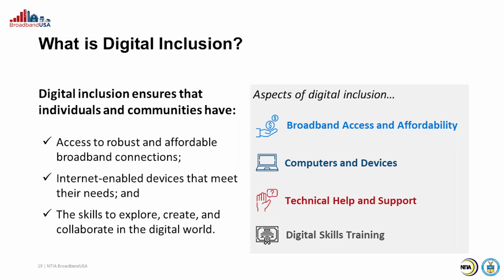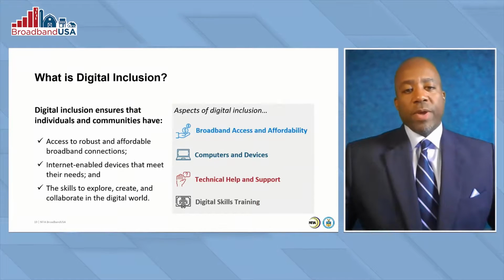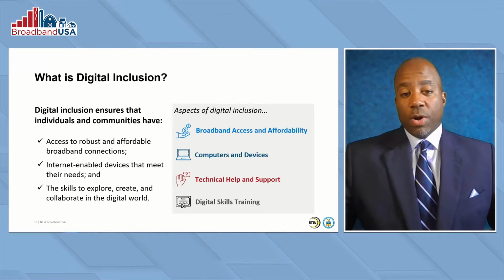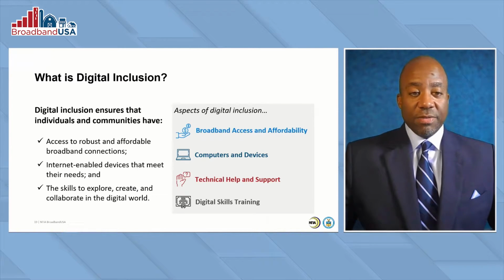We understand that aspects of digital inclusion include more than just computers and devices. It's the technical help and support. It's the training. It's all of that combined into one. And so we really need a specific strategy to ensure that once that in-network infrastructure is completed and we have broadband access and connectivity, we also have the people and the devices to be able to run on them.